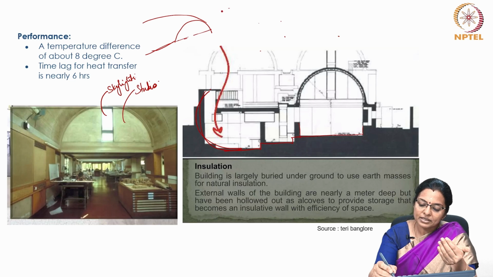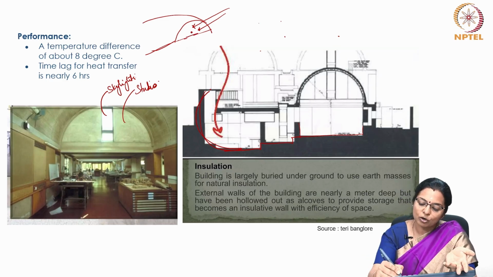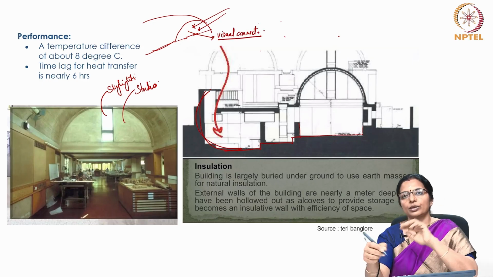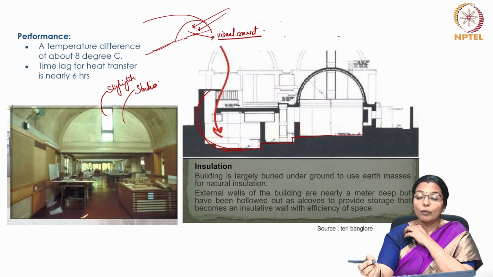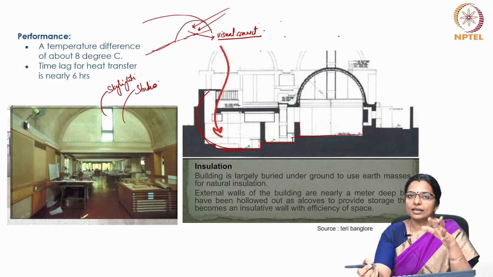So, solar radiation can penetrate through this surface. Also, because of this surface, visual connect is established to the outside world, and this acts as a via media between the completely submerged subterranean house and the completely exposed house, because it offers the advantage of both.